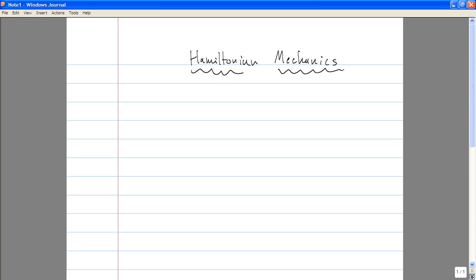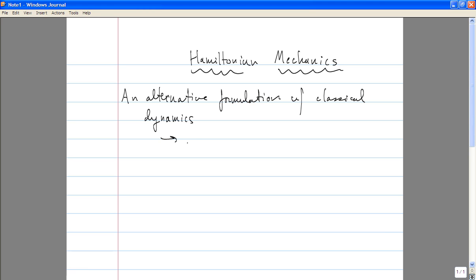You should think of it as an alternative formulation of the rules of classical mechanics. When you were children, you learned the first way of formulating classical mechanics in terms of Newton's laws, or the Newtonian formulation.